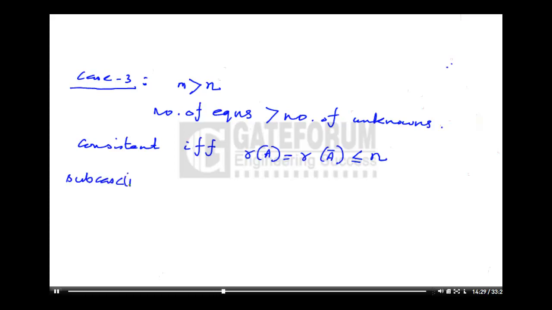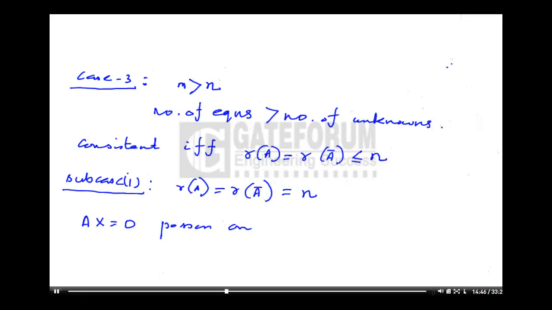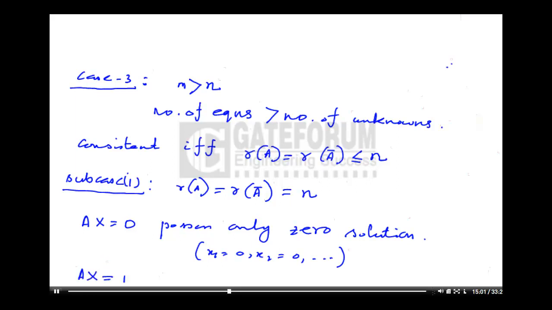One is the system is consistent, that is rank of A is rank of augmented matrix, but this is also equal to n. Then the associated homogeneous system possesses only the zero solution, that is x1 is equal to 0, x2 is equal to 0, like this. And therefore, the non-homogeneous system Ax is equal to B also possesses only one solution.